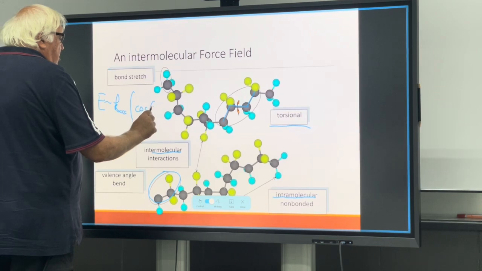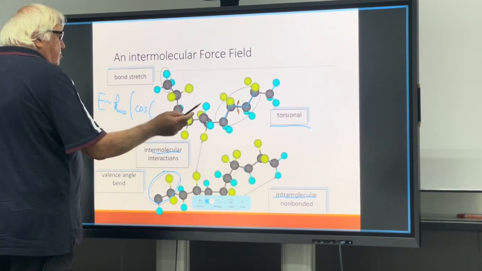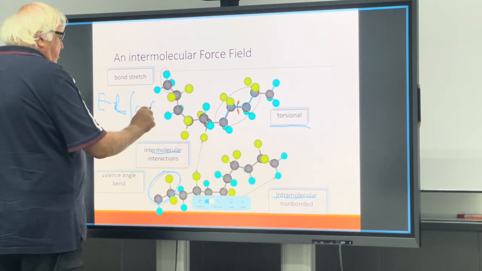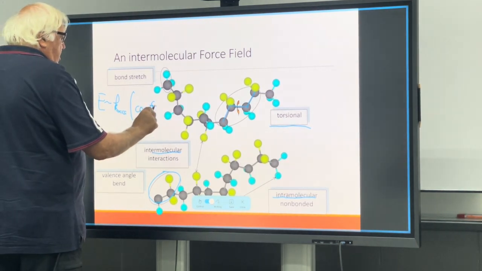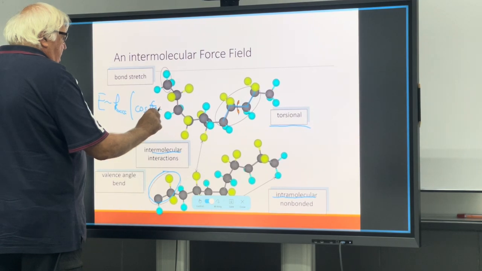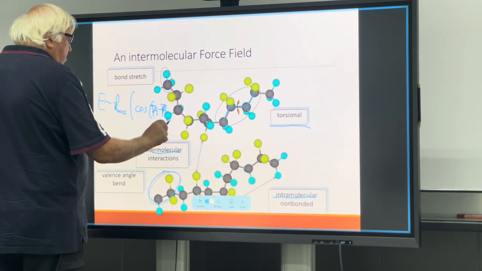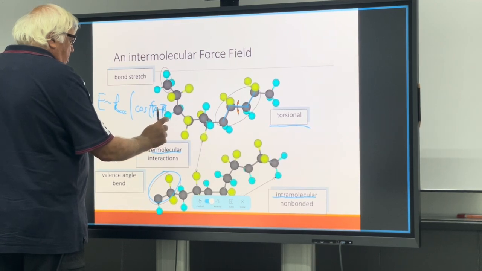How shall I make a symbol of the torsion angle? I don't know. I just write TA minus TA equilibrium, or TA 0.